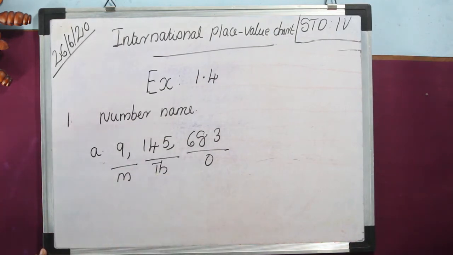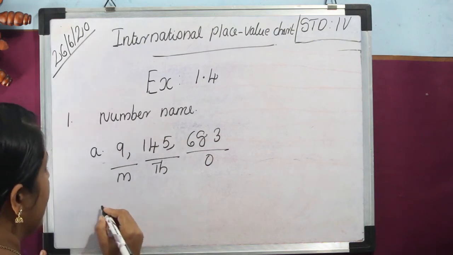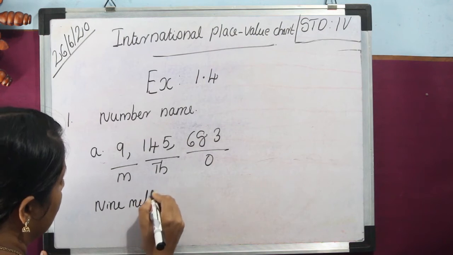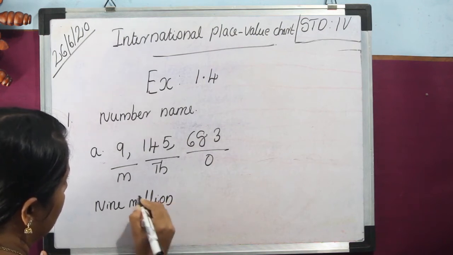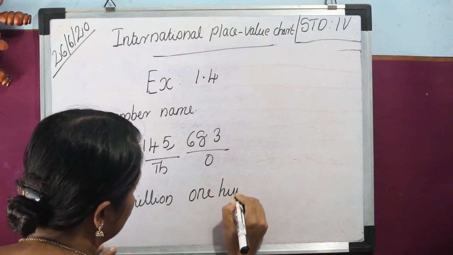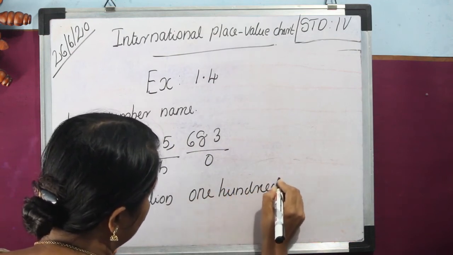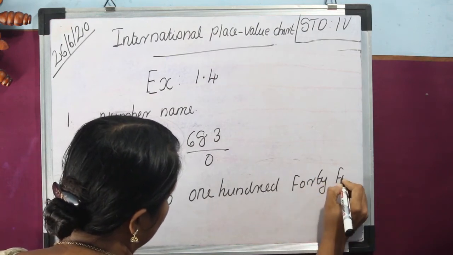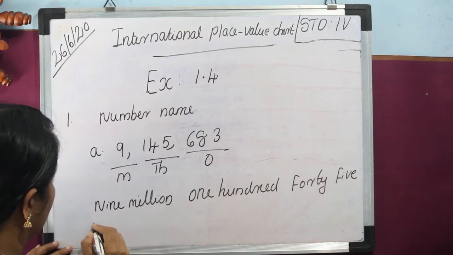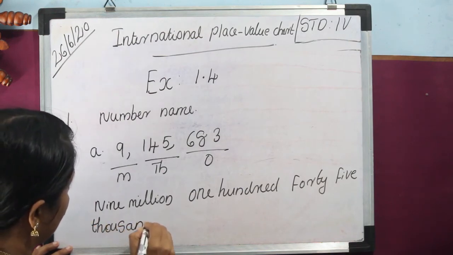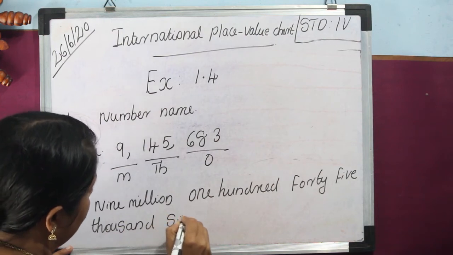So we write this number name as 9,145,683.